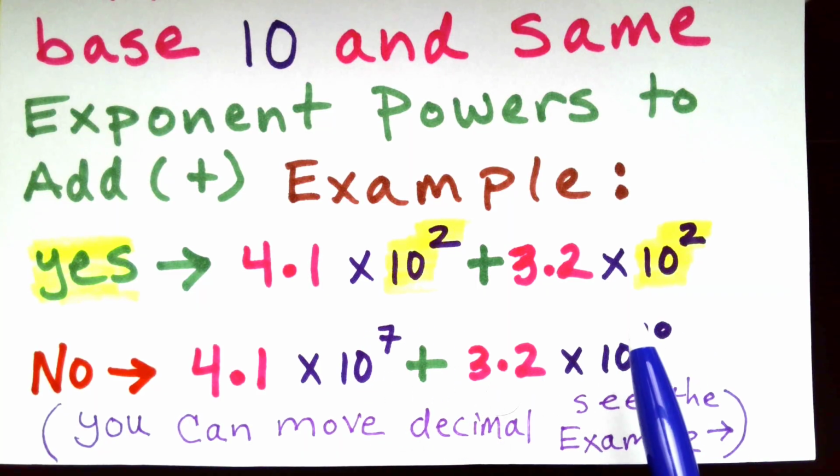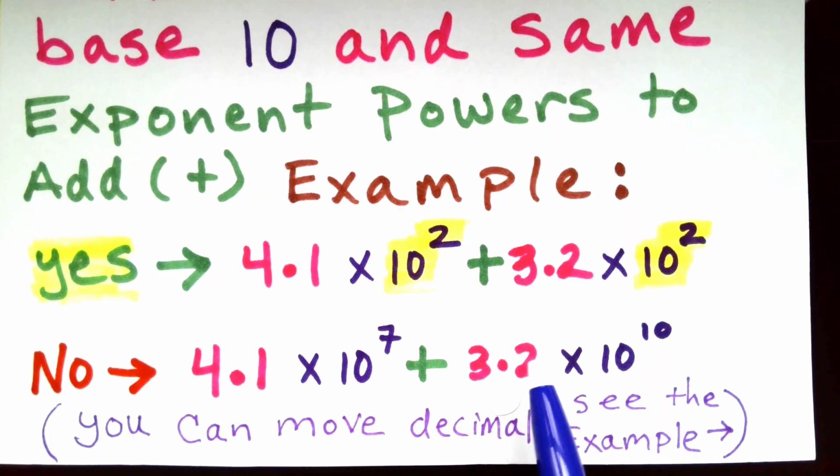And once these powers are the same, then you can add or subtract. Remember, that's the part 4 video in converting scientific notation to standard form. Keep that in mind. I'm going to try to remind you for examples number 2, 3, and 4. This applies to both adding and subtracting.